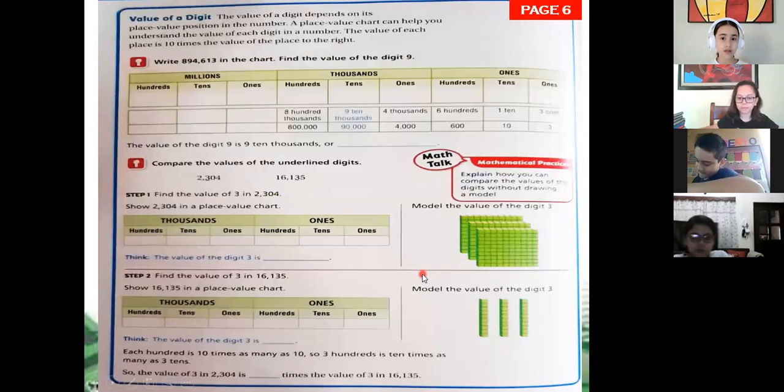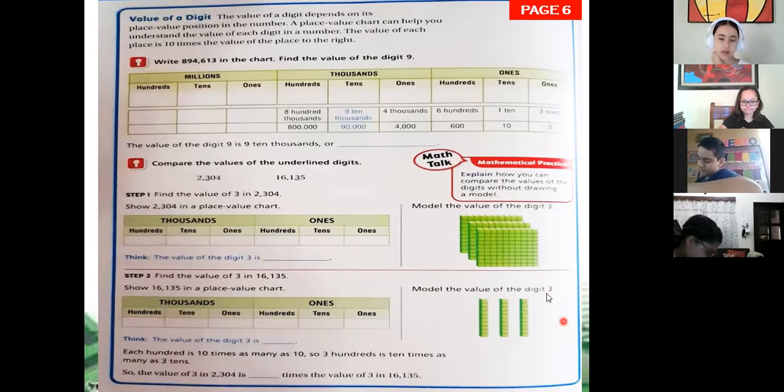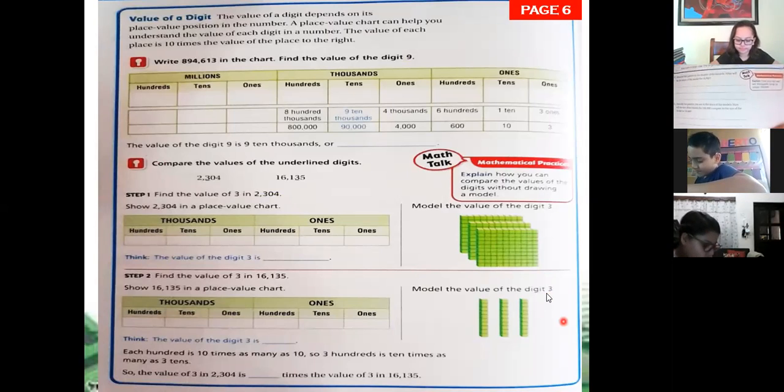Now let's go to the second part that is on page number 6. Value of a digit. It's the same topic. The page 5 second part is just to explain.